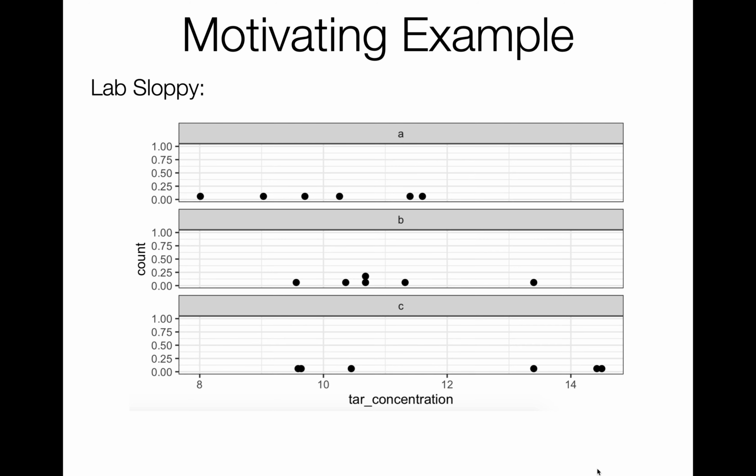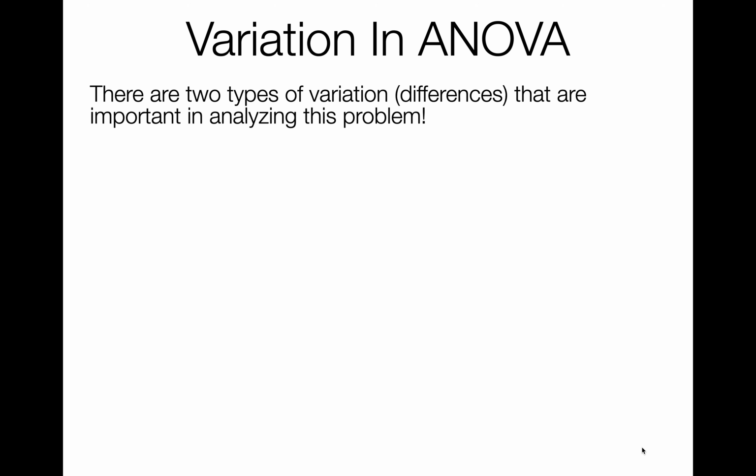All right, so that's the motivating example. I know it didn't give you some clear answer to everything, but it does tell us a few important things that we'll see in the next slide. In the ANOVA method that we're going to talk about in just a second, variation is important.